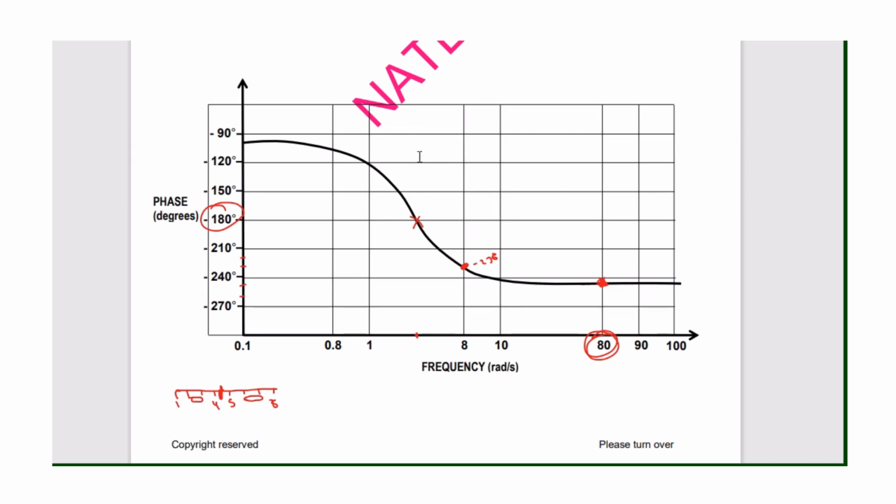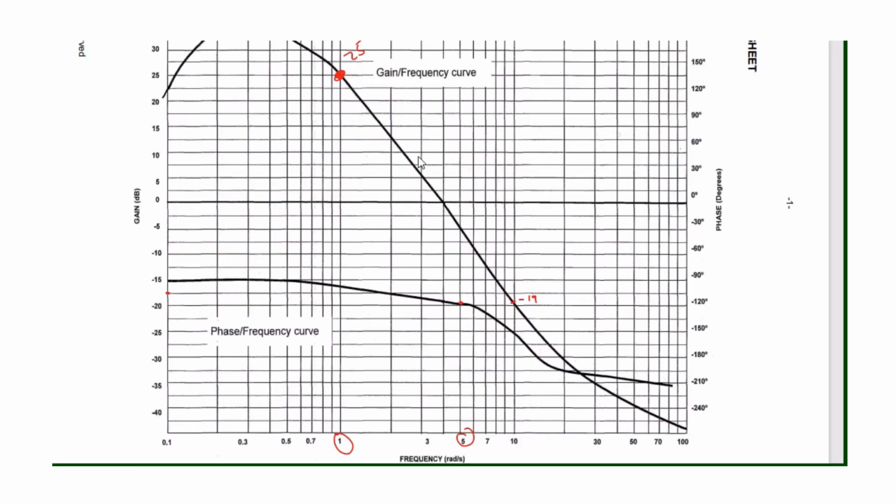But if you have those lines, you count with those lines, like this one, which means if this is 0.1, this next line is 0.2, 0.3, 0.4, 0.5, 0.6. So if this is 1, this line is 2, 3, 4, 5. So between 5 and 15, 15 will be this. So you go to 15, this is phase.